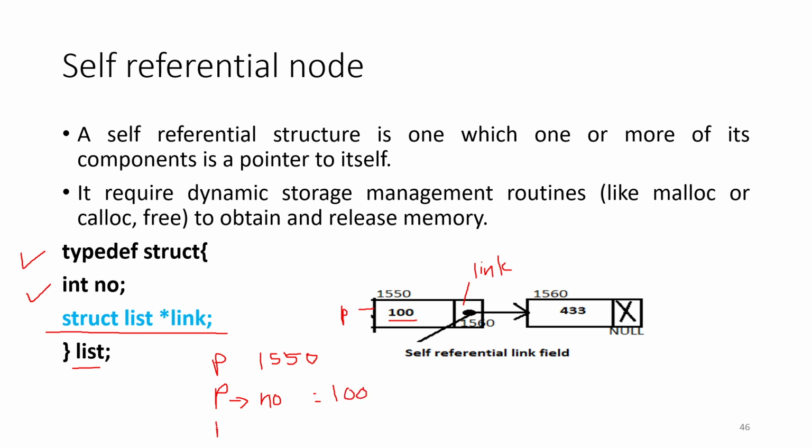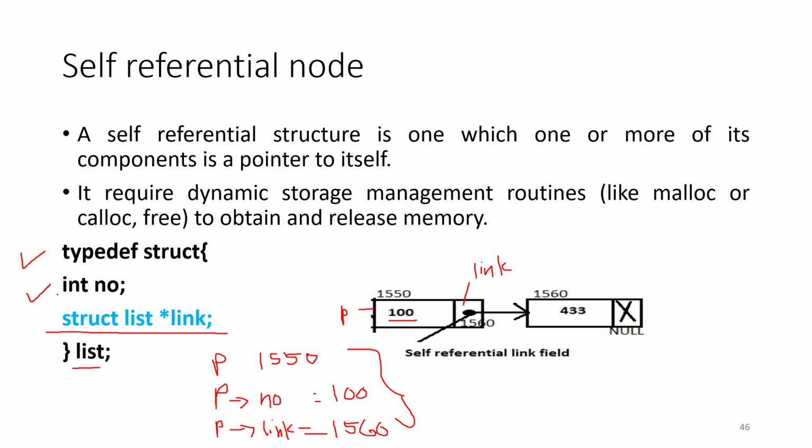Similarly, P of link is equal to the address of the next node. The address of the next node is 1550. These three you can note down. Node name is P, whose address is 1050. The data field of that is 100. The link field is 1550, which is the next one.